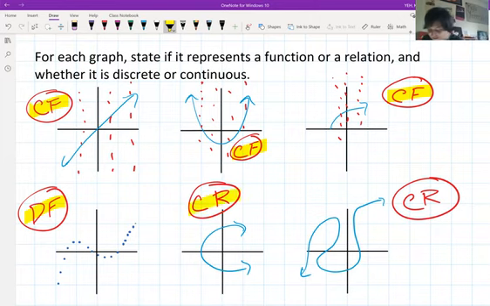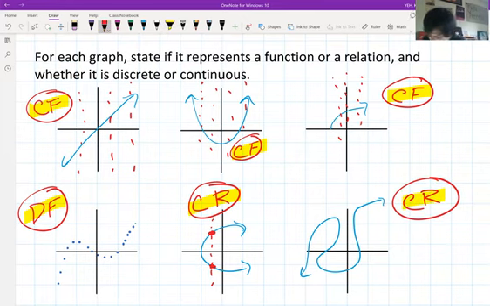Number 5 is a continuous, smooth curve, all connected, relation. And you can see right here, I could draw a vertical line, hit that graph more than one time, and that is enough to rule it out as a function. This is a relation. So continuous relation, as is number 6.